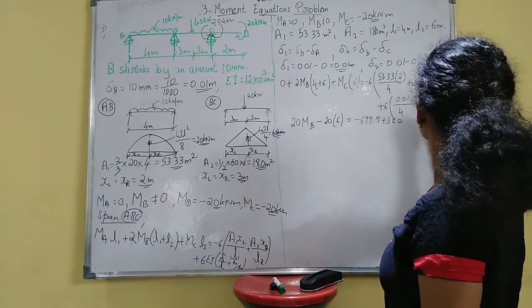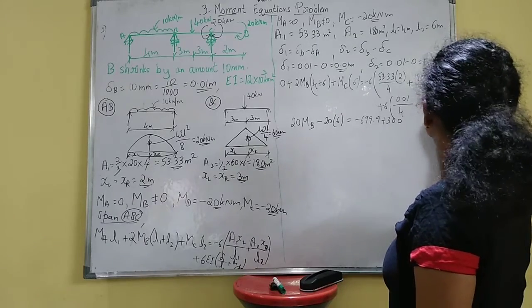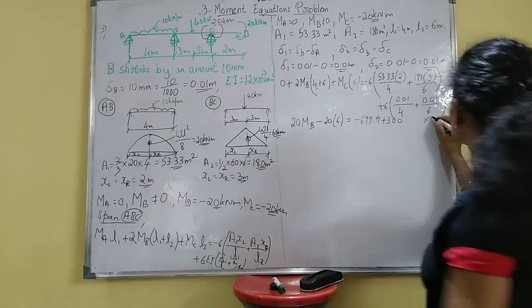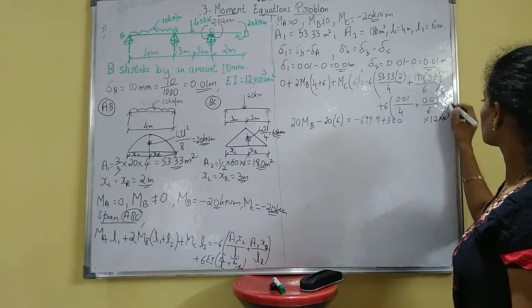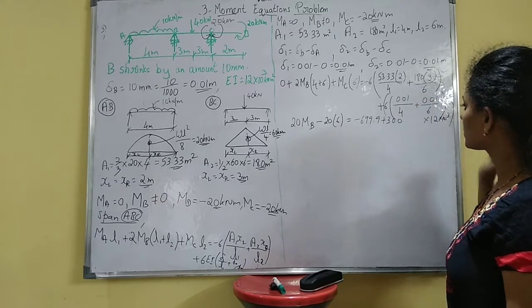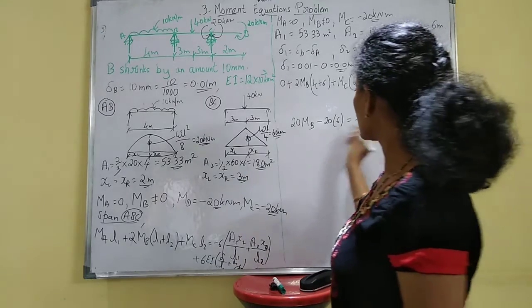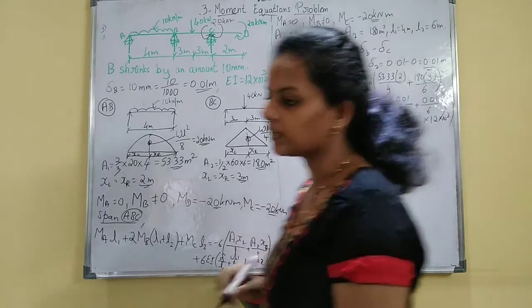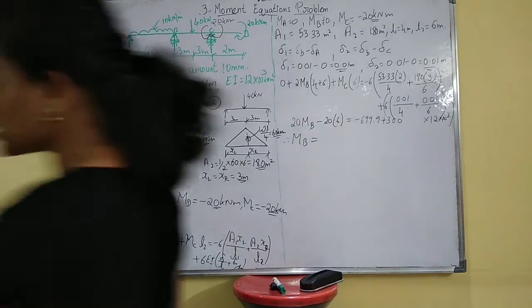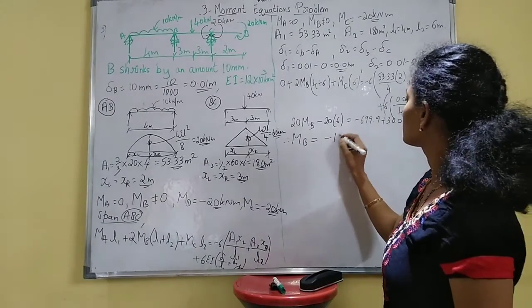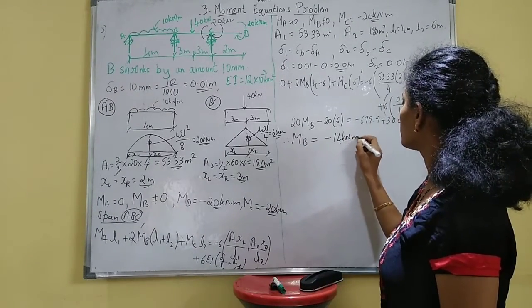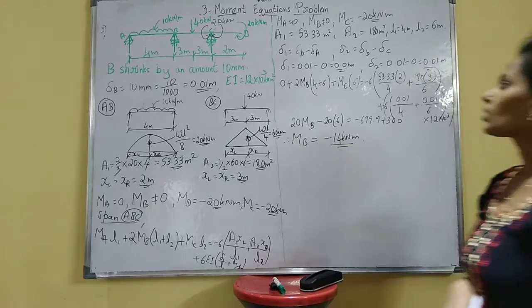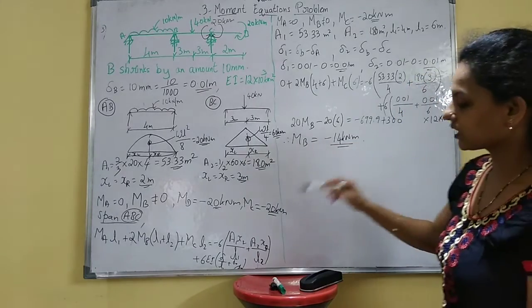Here EI is multiplied by here. EI is 12 into 10 power 3. Okay. After simplification, you will get directly MB. MB is nothing but minus 40 kilonewton meter.